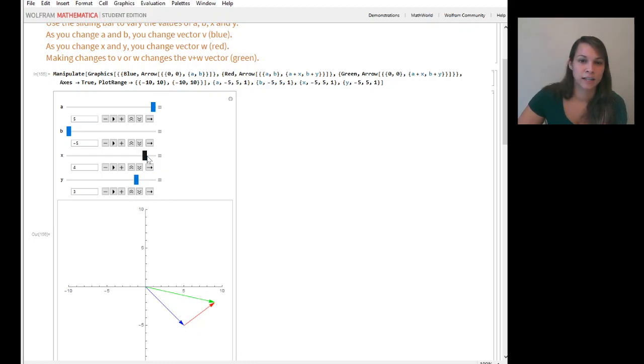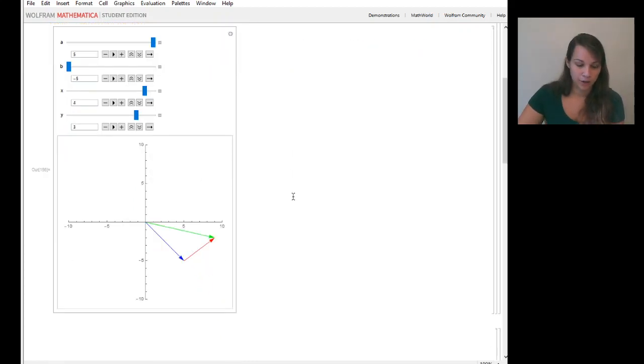And you can notice that if you play with the first component of one vector, the result just moves horizontally because you're only affecting the first component. And if you move the second component, that only moves it up and down. Okay, but that's our visualization for vector addition.